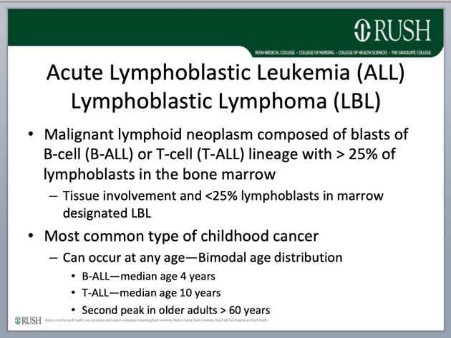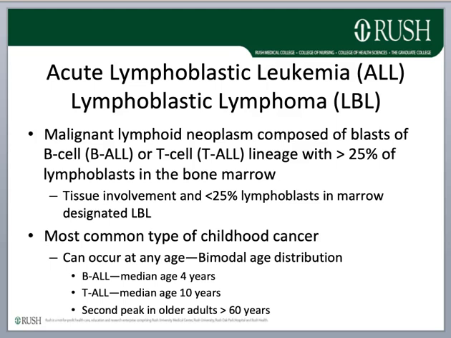For clinical purposes, an arbitrary cutoff has been used for many years to separate lymphoblastic leukemia from lymphoblastic lymphoma. Cases in which there is 25% or better of marrow replacement are designated as ALL.